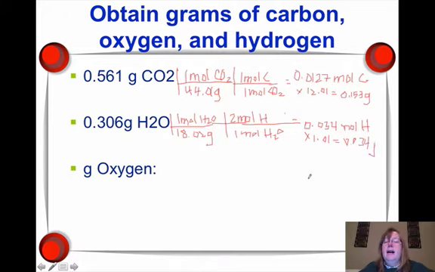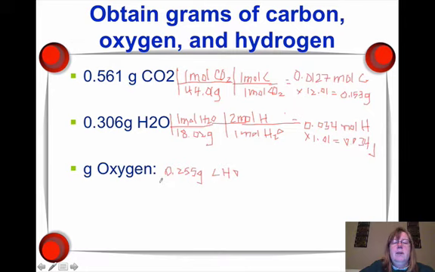Okay, now, how are we going to get grams of oxygen? We can't just look at the oxygen in this and this, because remember, we are adding a whole bunch of oxygen. So let's go ahead, and we know that our entire sample, the isopropyl alcohol, had a mass of 0.255 grams. So that 0.255 grams was the mass of our sample, and that was carbon and hydrogens and oxygens.